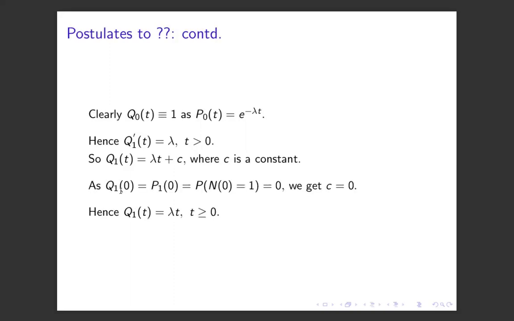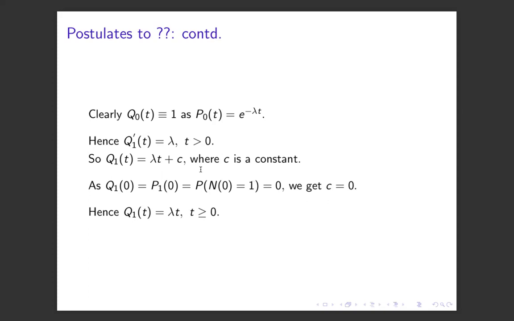So what is Q_1(0)? It is precisely when you put t equal to 0, e to the power lambda t is just 1. So Q_1(0) is the same thing as P_1(0), which by definition of our P sub n, is the probability N(0) equal to 1. But we know that N(0) equal to 0 identically. So therefore the probability N(0) equal to 1 is 0.